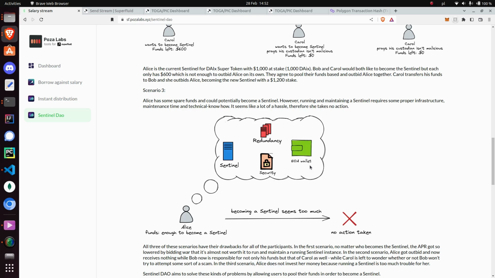You also need to be able to monitor your wallet somehow in case the native token drops below a certain level. You need to top it up periodically. So that's a lot of hassle. And Alice decides that's just too much for her. And even though she potentially could invest and be a Sentinel in terms of funding and available funds, she decides against that because it's just too much of a headache to her, and she doesn't do anything with that.